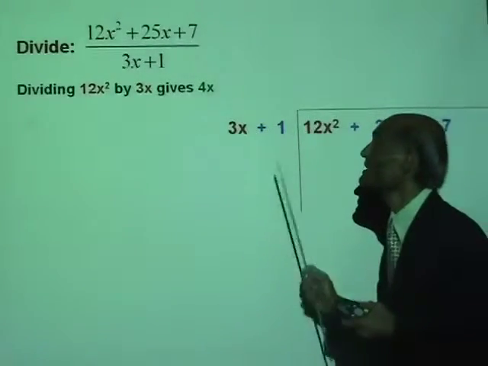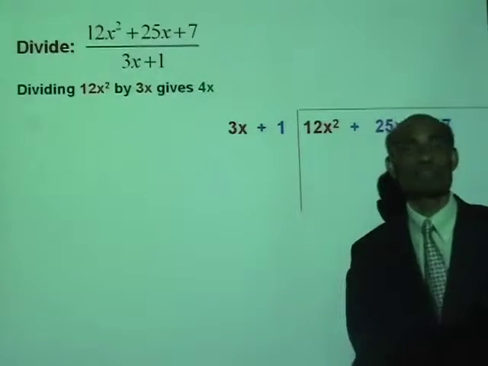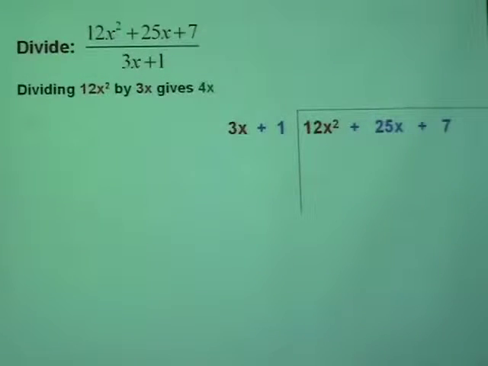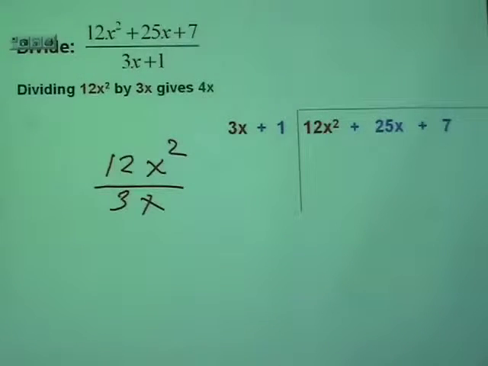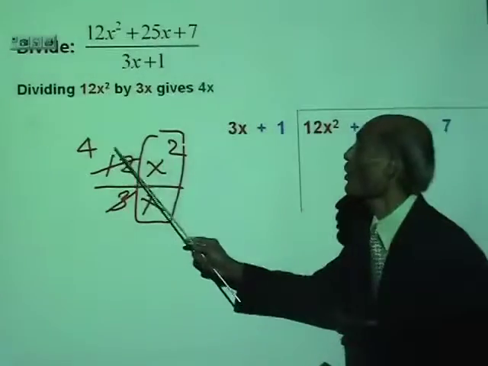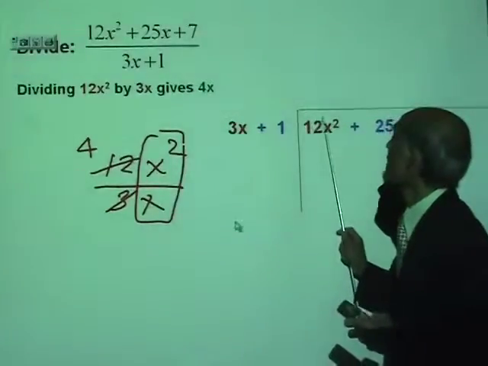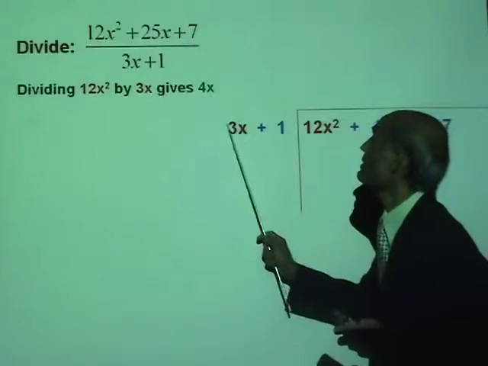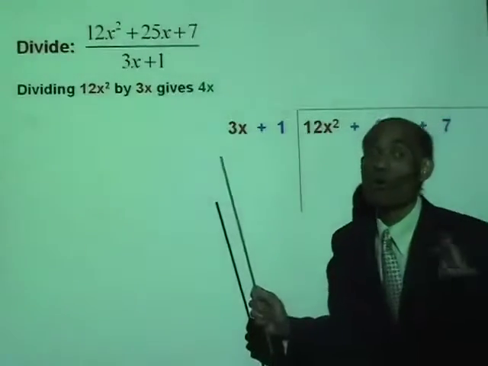What will you get? 3 goes in 12 4 times. And x squared divided by x is x. Is that right? So that will be 4x. 12x squared divided by 3x is 4x.